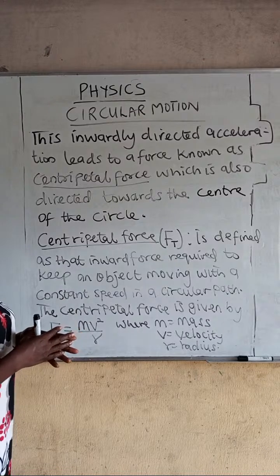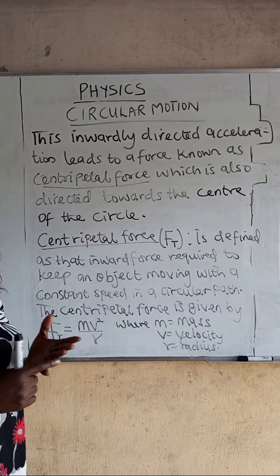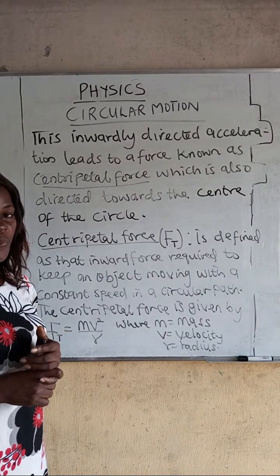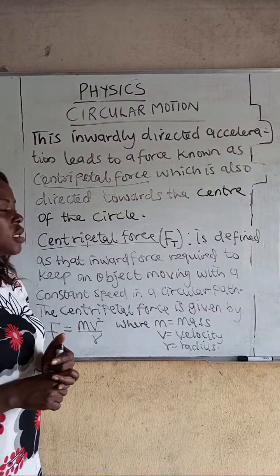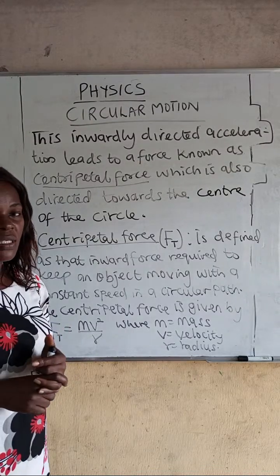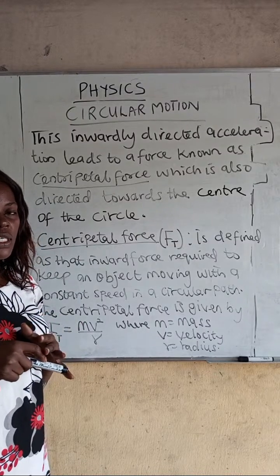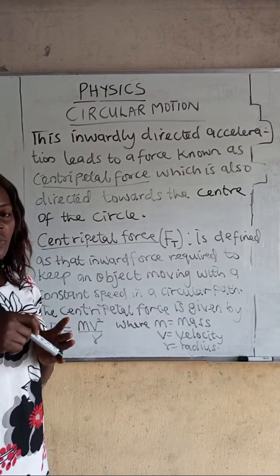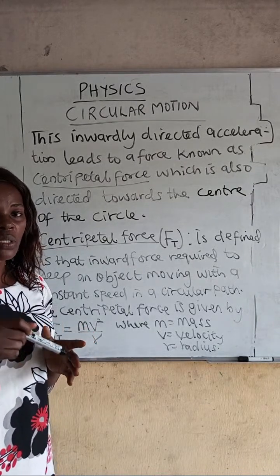Now, why is this acceleration directed towards the center of the circle? Because acceleration is a vector quantity and it constitutes a force, and force is also a vector quantity. So both of them are directed towards the center of the circle. As the body is moving in a circular form, its velocity, the acceleration, and the force are equally directed towards the center of the circle.